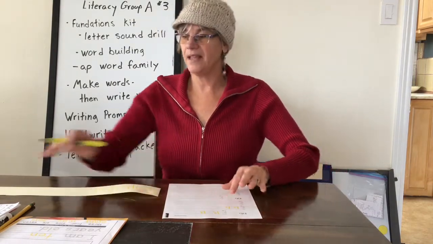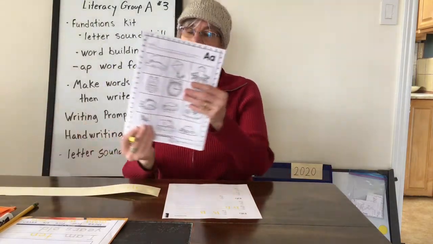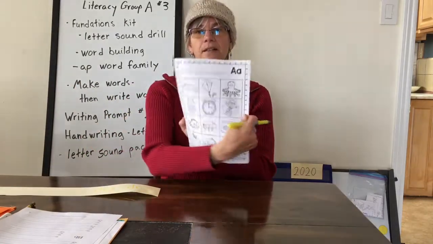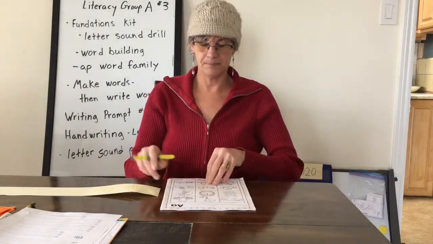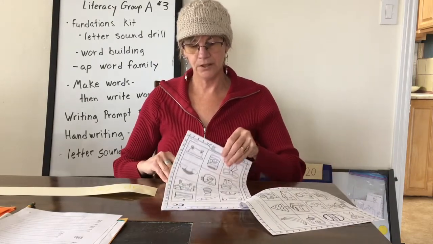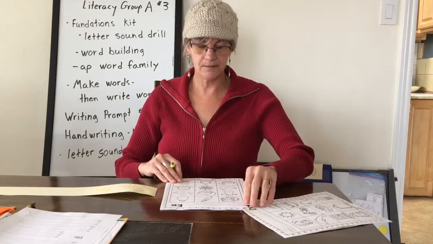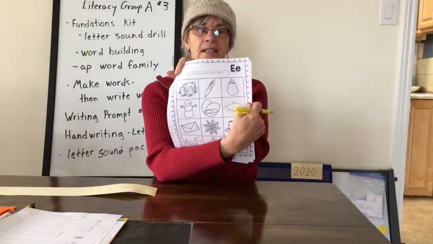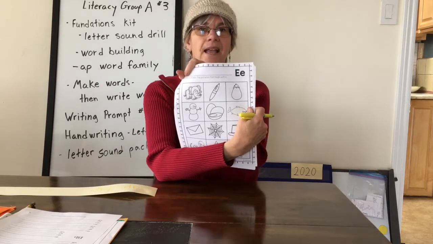Okay, and once they've done that, we're going to move on to our writing letter sound packet. We're going to do 3 more pages of this. Let's look at this one. Starting with the E sound.